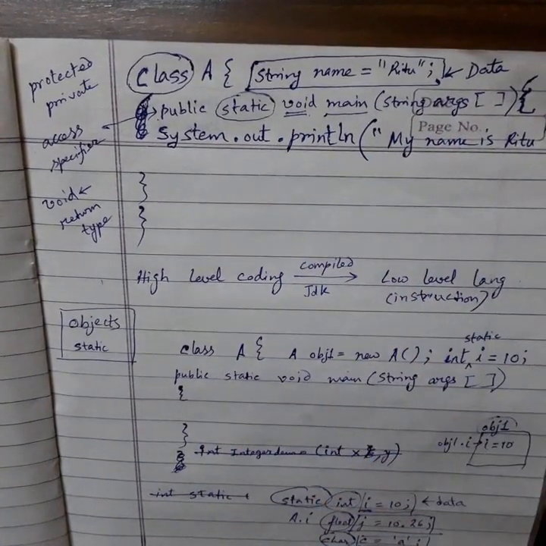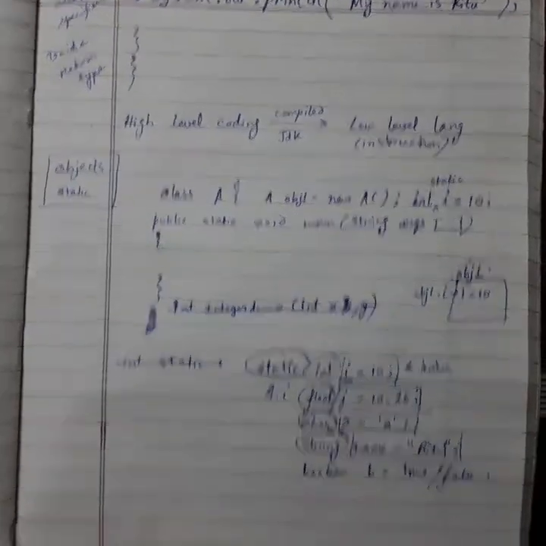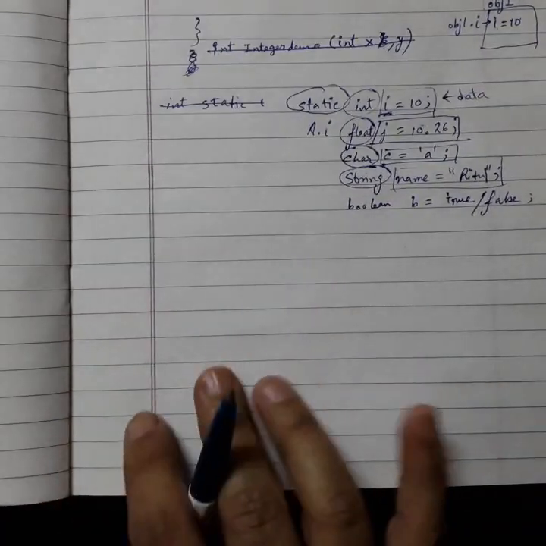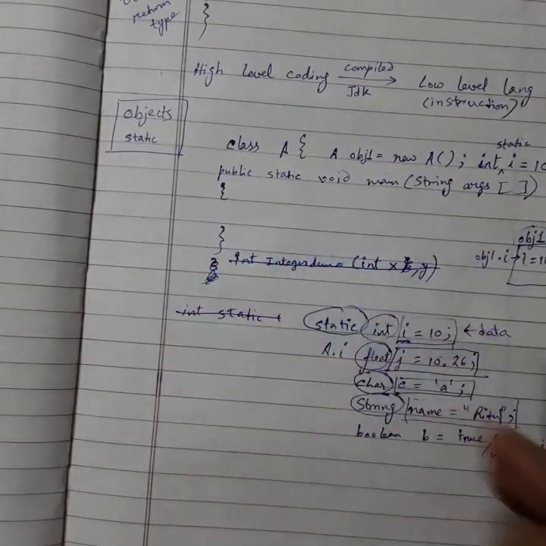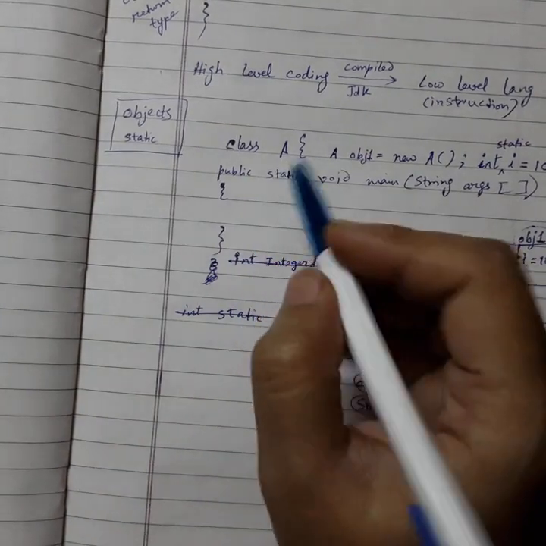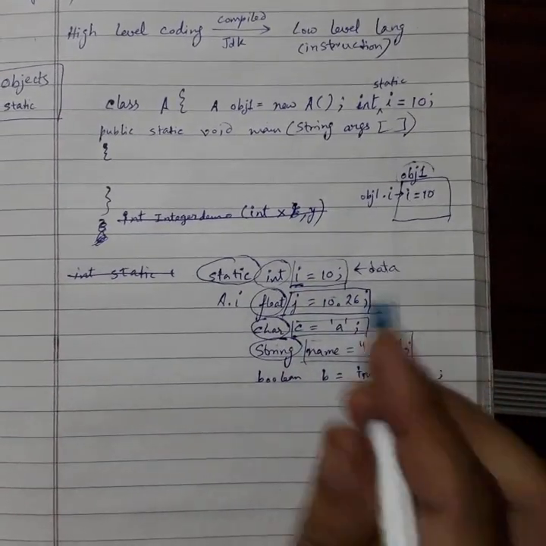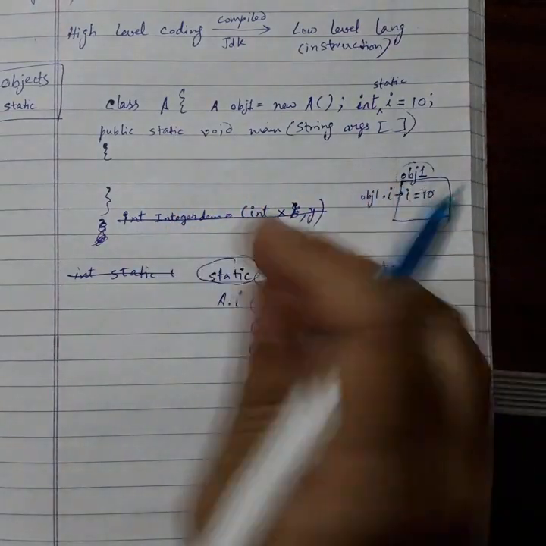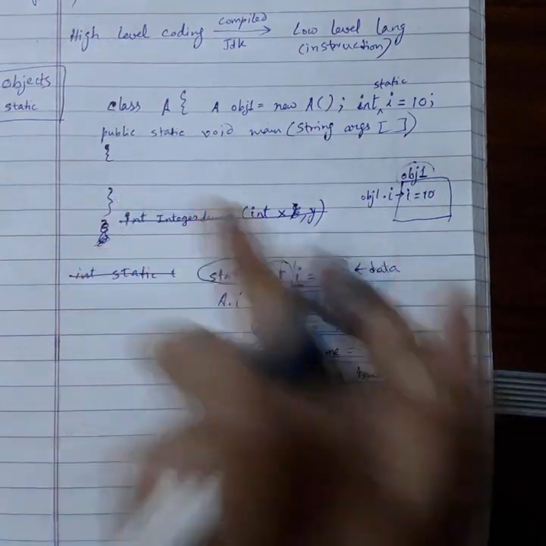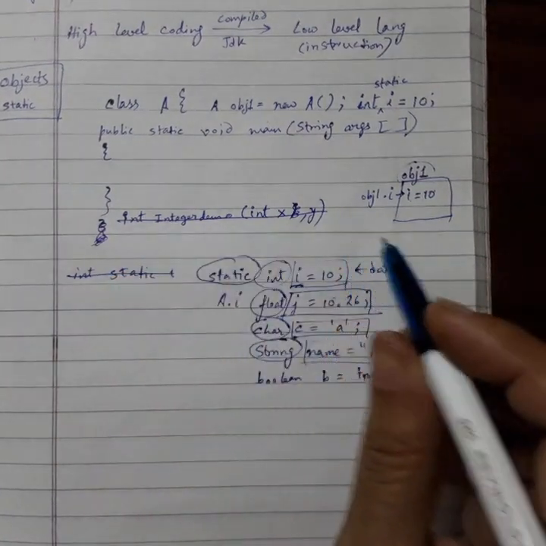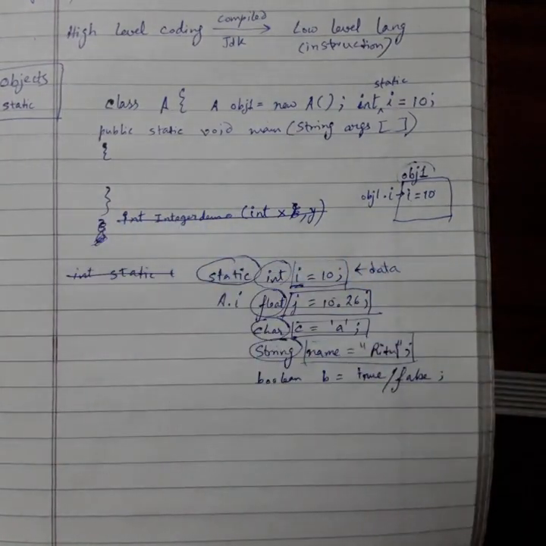Then I was talking about a method. Alright, this is public static void main, and here we can have, let us take a fresh page.